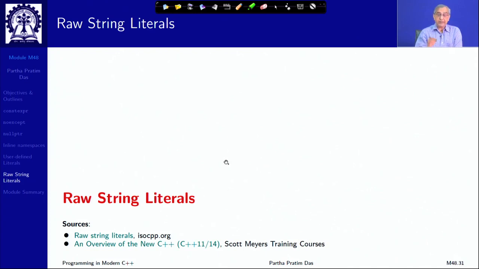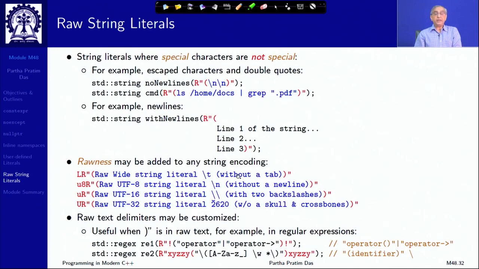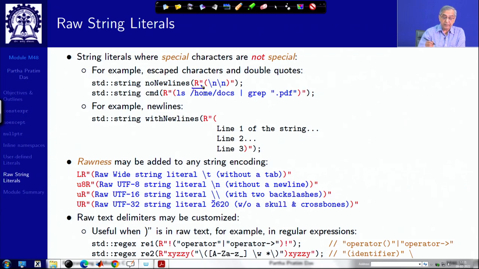Before I end, the last feature I would like to mention is the raw string. You know that C strings have a lot of escape characters, like \t is written to mean tab, \n is written to mean new line, and so on. C++ allows you to define a raw string, which is written with a prefix capital R before the double quotes, which means that the escape characters will not be interpreted, they will not be treated as special.